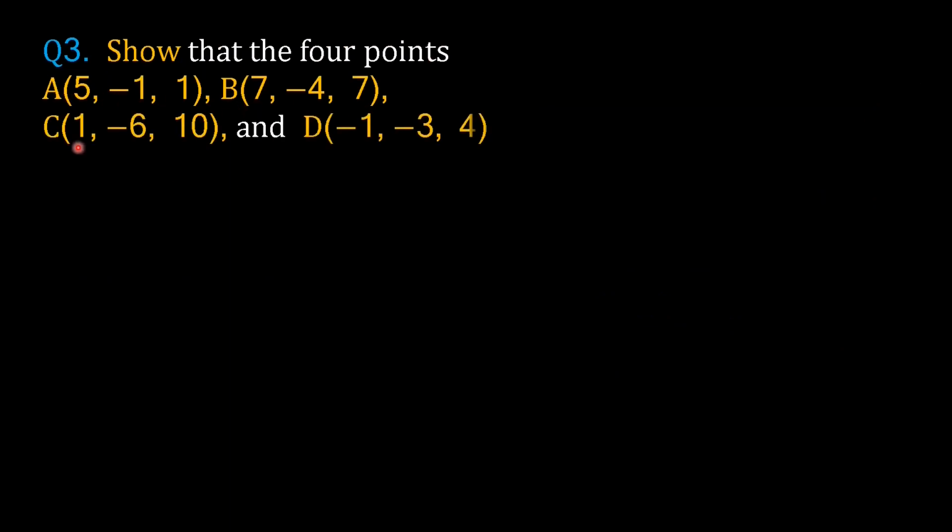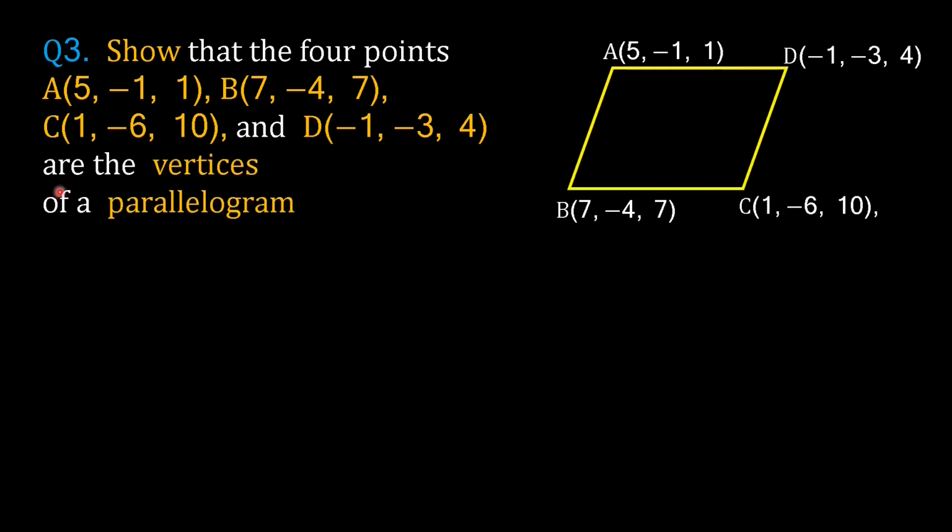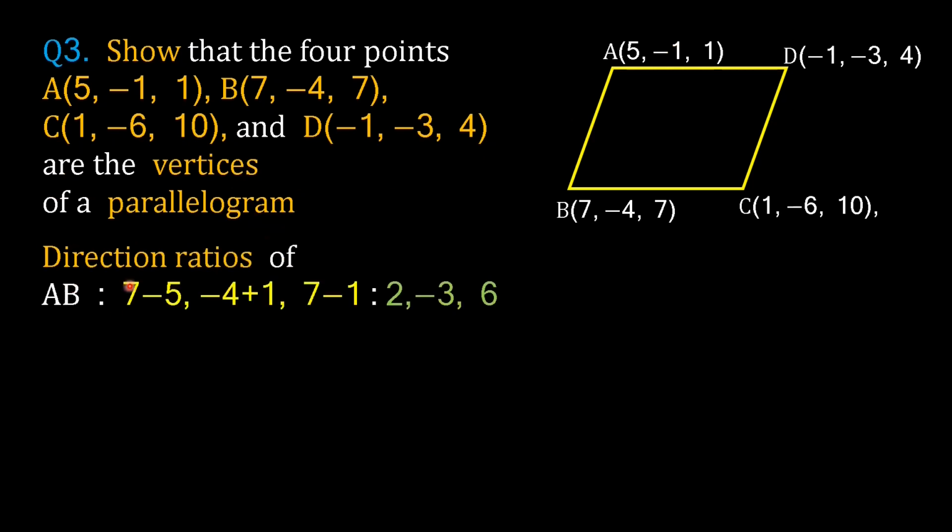In question 3, we have to show that the 4 points A(5, minus 1, 1), B(7, minus 4, 7), C(1, minus 6, 10) and D(minus 1, minus 3, 4) are the vertices of a parallelogram. We will find the direction ratios of the opposite sides of this quadrilateral. So first, direction ratios of side AB will be 7 minus 5, minus 4 plus 1, 7 minus 1, that will be 2, minus 3, 6.